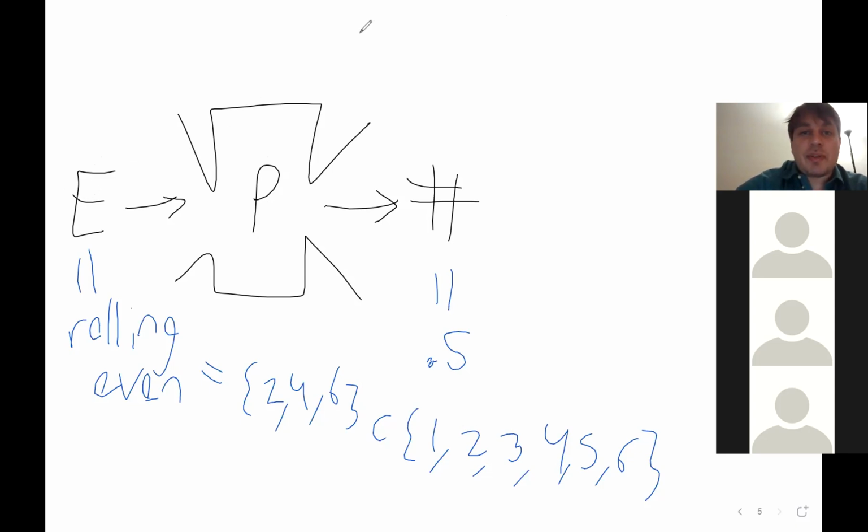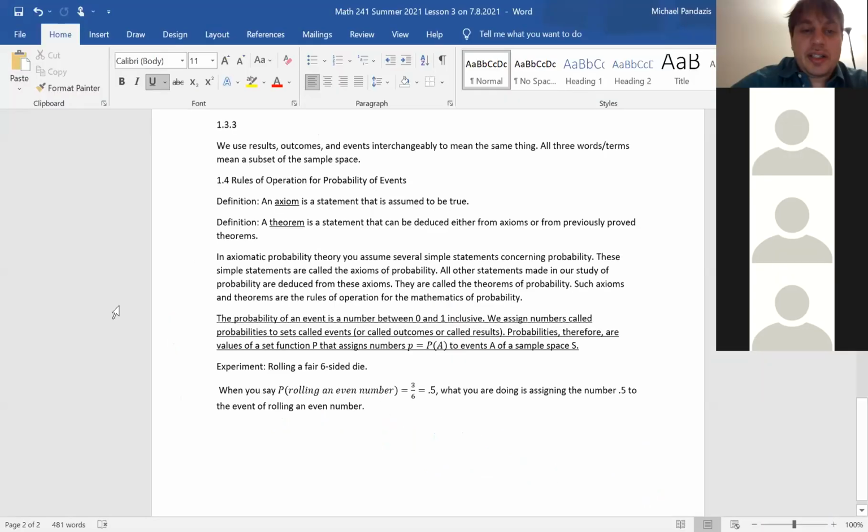So this is an example of a set function. Okay, a set function. FCN is an abbreviation for function. Okay, so that's an example of a set function. Okay, so that's explaining this part here.